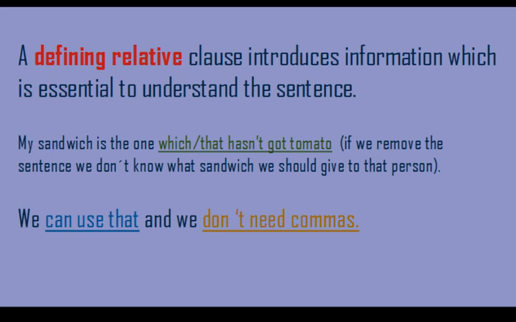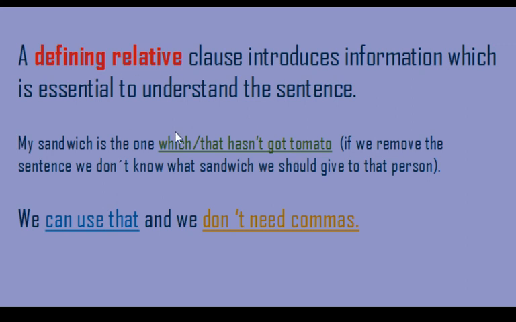My sandwich is the one which hasn't got tomato, okay? So if we take away the which hasn't got tomato, we cannot understand the sentence, okay? Because basically the speaker here is using the which hasn't got tomato to identify the sandwich, all right?